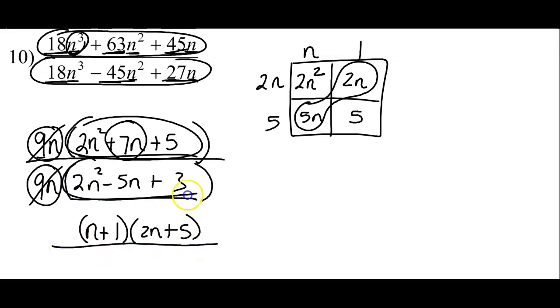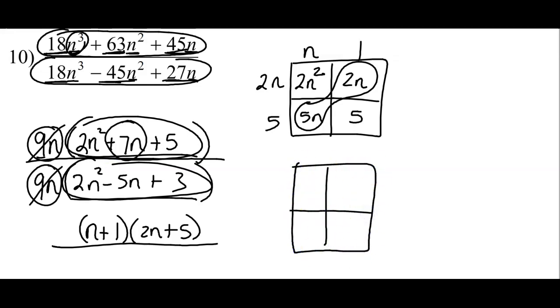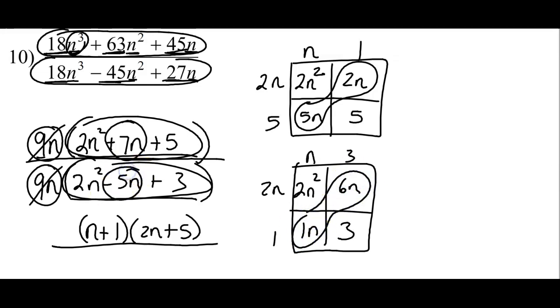Now we'll do the bottom one using the box method again. Do these combine to make negative 5?